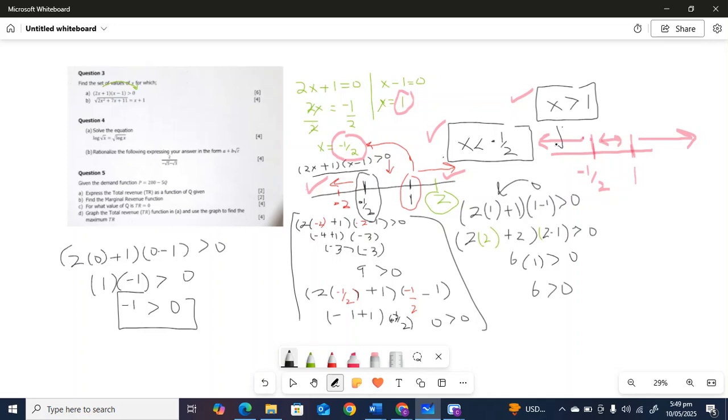So if you're picking negative 2 here, in your workings, you say, let x equal negative 2, and then you put it in the original expression and prove that that value holds the inequality true. Okay, then you know your ranges.